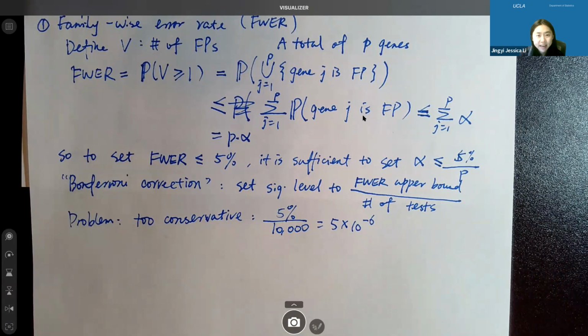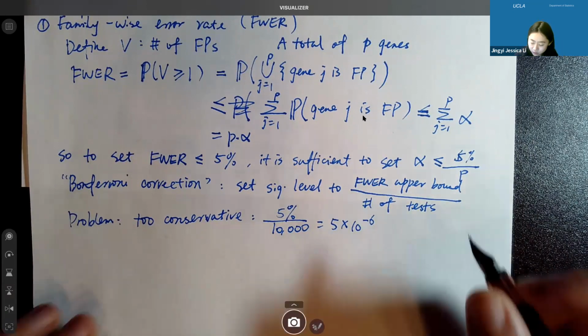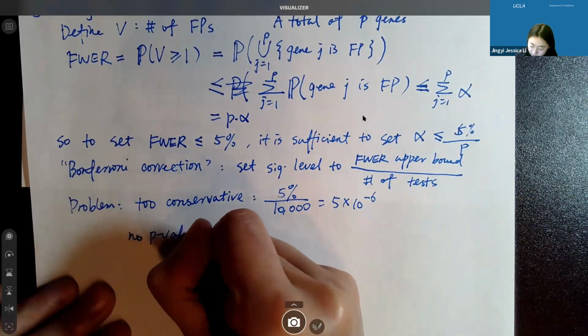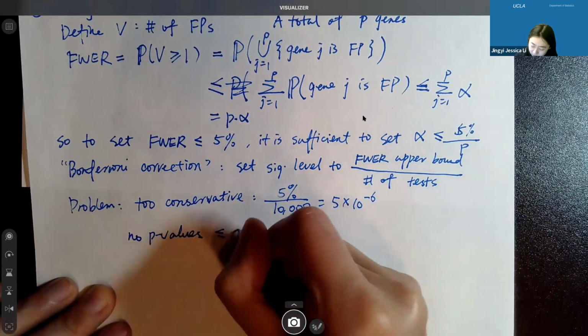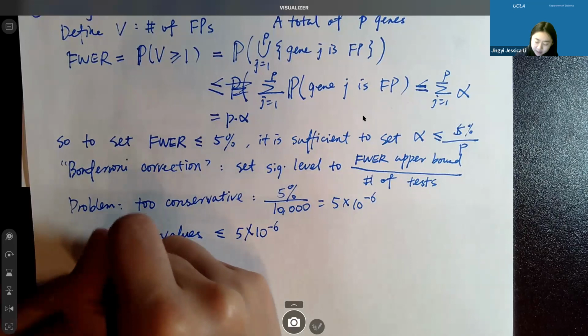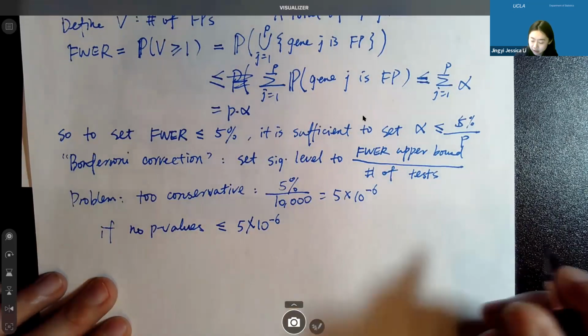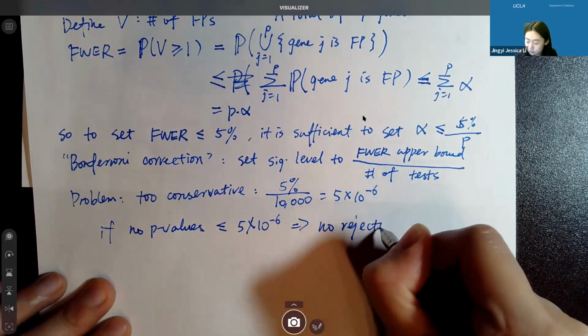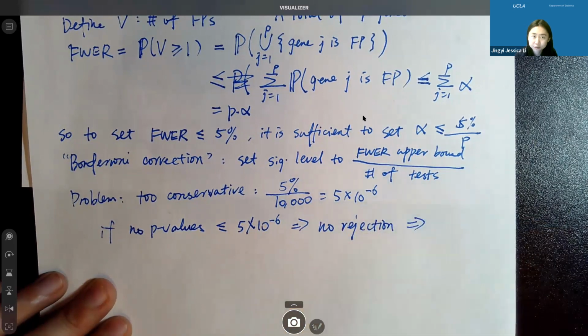So you may not have any p-value under this. So if you have no p-values under this, so if that's the case, all the p-values are greater than this, then you will have no rejection, which means that you will identify no DE genes.